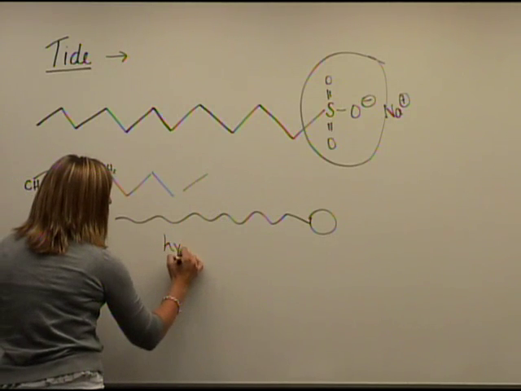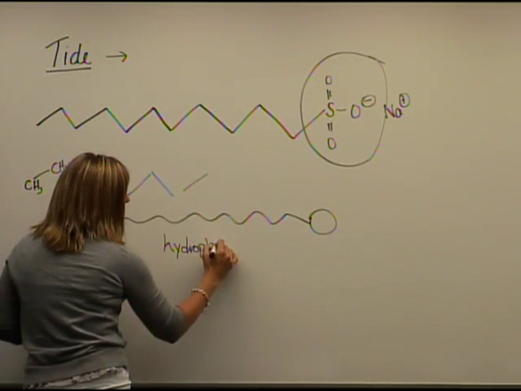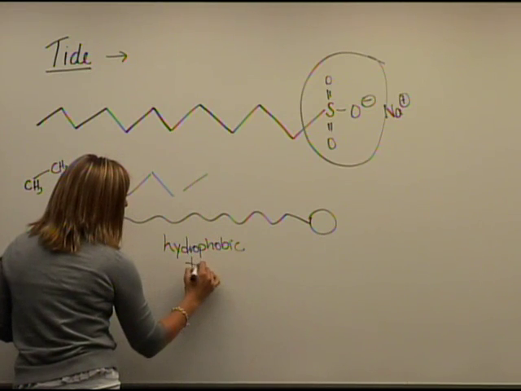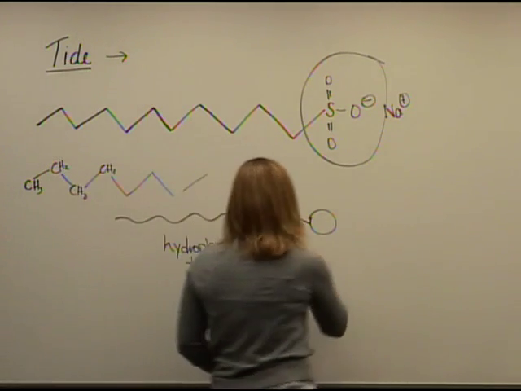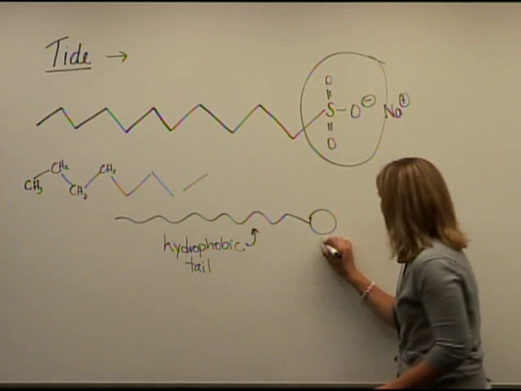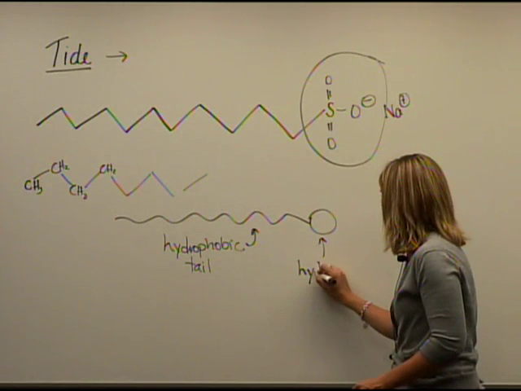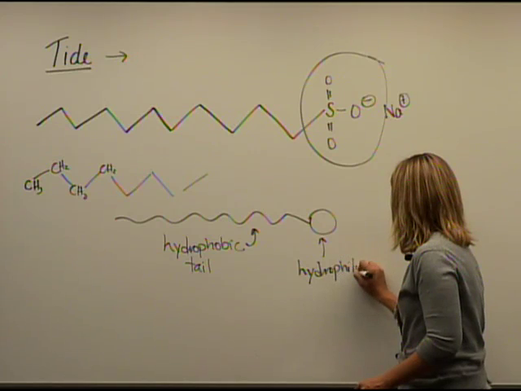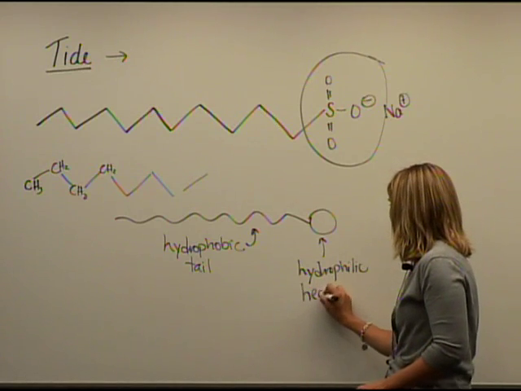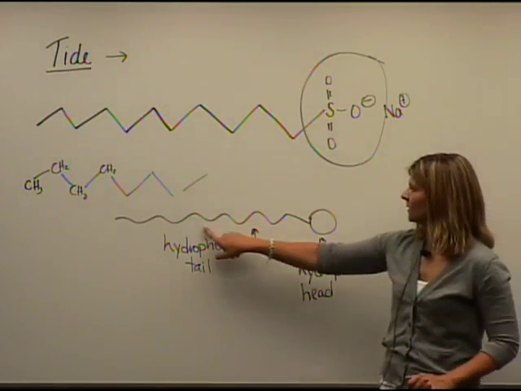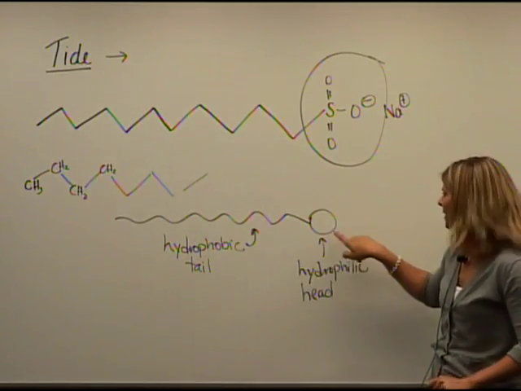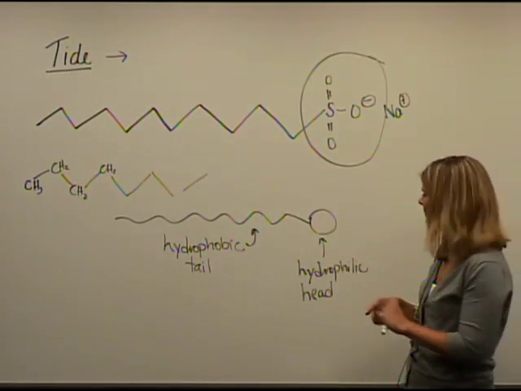And we call this a hydrophobic tail and a hydrophilic head. That just means the tail is afraid of water and the head likes water.